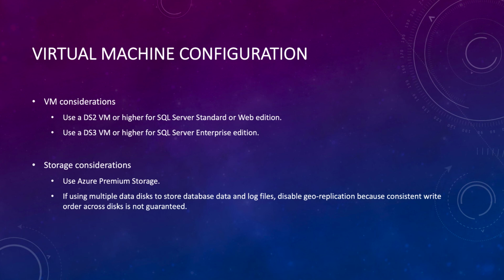When it comes to the storage considerations, always use Azure Premium Storage. Remember, this is the storage that is backed by an SSD rather than an HDD. If using multiple data disks to store database data and log files, disable geo-replication because consistent write order across disks is not guaranteed and it's going to cause errors for you.